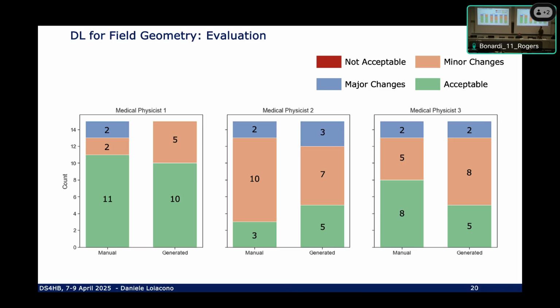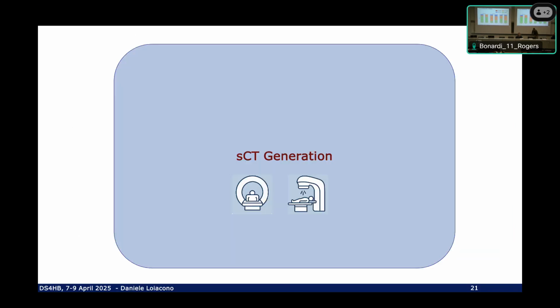Considering that the manual plans were actually delivered plans, so plans that were already the result of several adjustments and editing, this is showing a very promising result for the actual use in clinical practice of this model to assist the job of the medical physicist in this treatment.